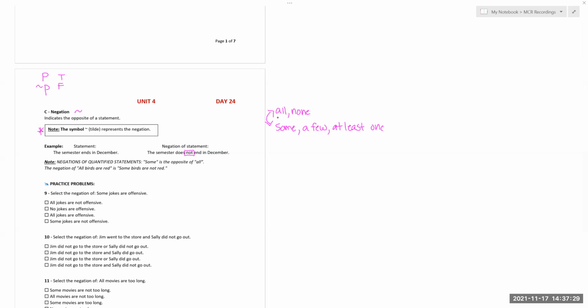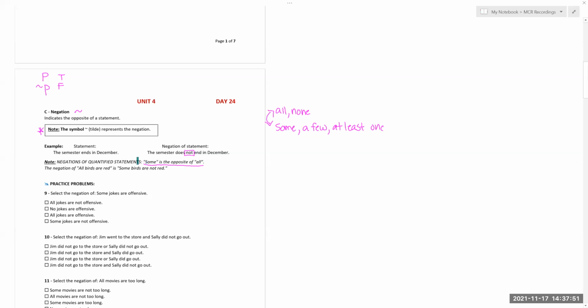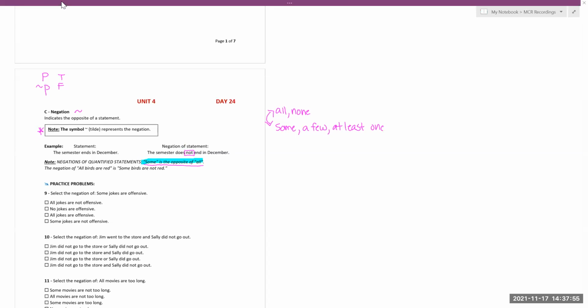If you say all pigeons fly, in order to negate you, I just have to find a pigeon that doesn't fly. I don't have to have no pigeons fly. So when you negate them, some is actually the opposite of all. So the negation of all birds are red is just some birds are not red. We don't have to go all the way through and say no birds are red. We can just say some are not red. We just need one or two.